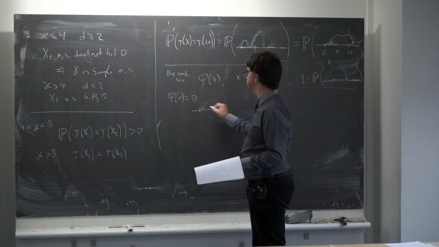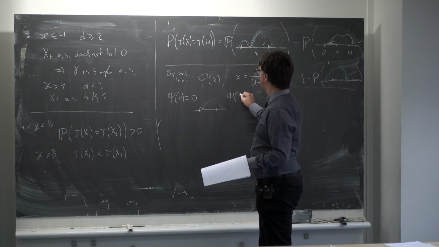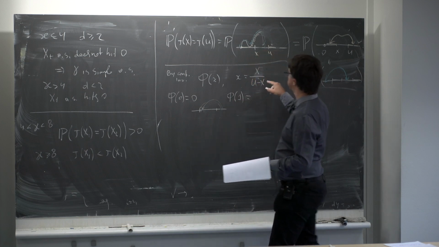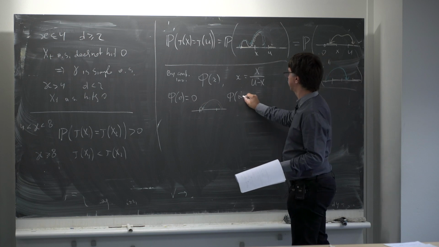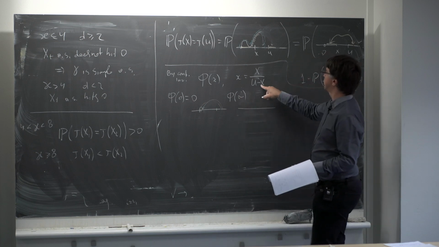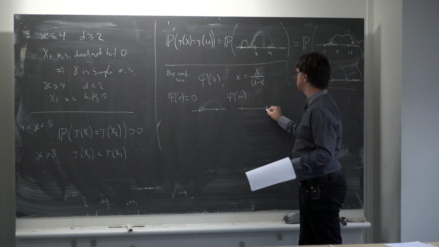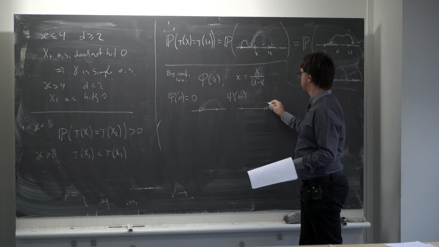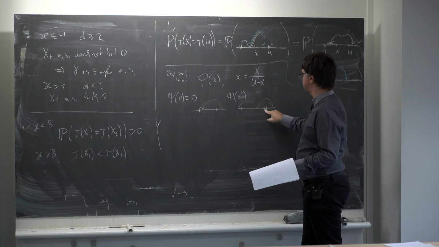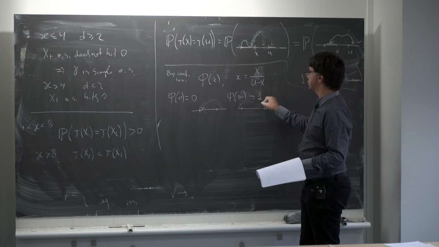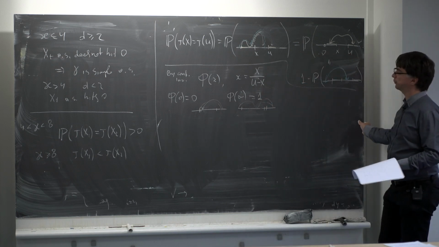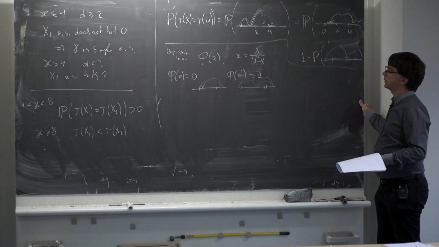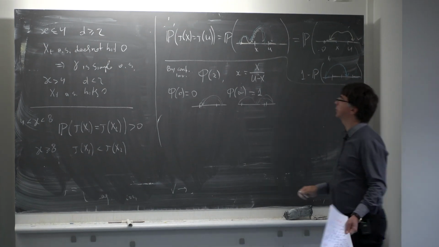So phi of 0 is 0. On the contrary, phi of infinity is when u is close to x, so it's this point. Then, of course, most likely they will be swallowed at the same time because they are very close. So those are the boundary conditions. And now we have 5 minutes to write the martingales.